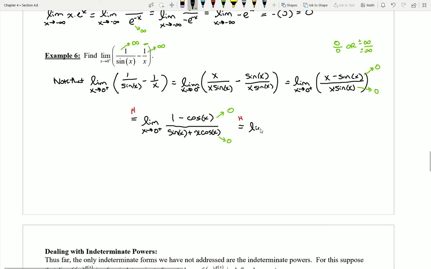So I'm going to get a limit as x approaches 0 from the right. Here I'm going to get 0 minus a negative sign, so I'm just going to end up with a positive sign up top. In my denominator, the derivative of the sine is the cosine of x. And notice, oh, darn it, over here I'm going to have to do another big product rule.